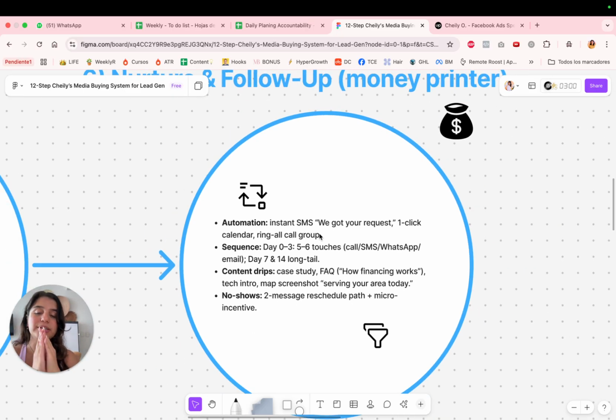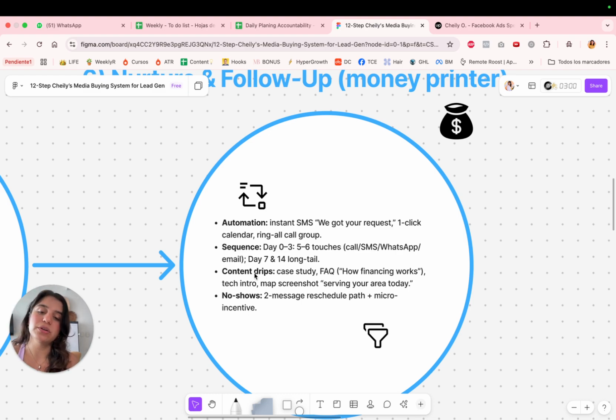We want to create certain sequences every few days, so you have the sequence for day 1, day 3, day 5, etc. And these touches can be through a call, a text message, WhatsApp, or emails, and we want to make sure that we are constantly talking to or showing our offers to our interested leads.